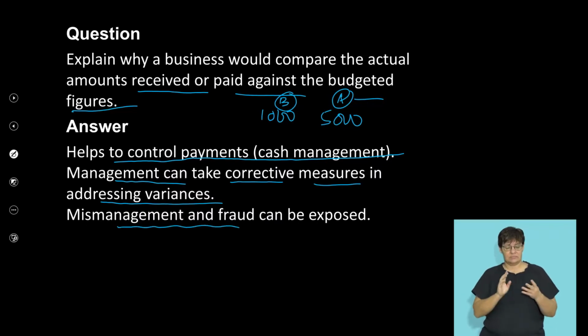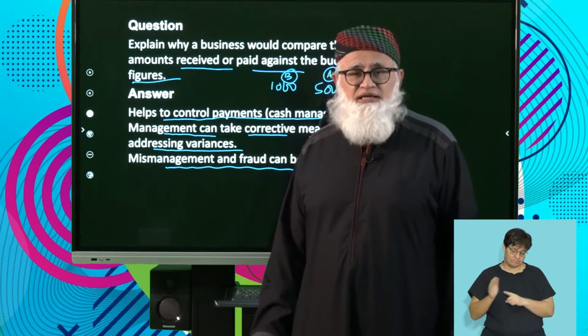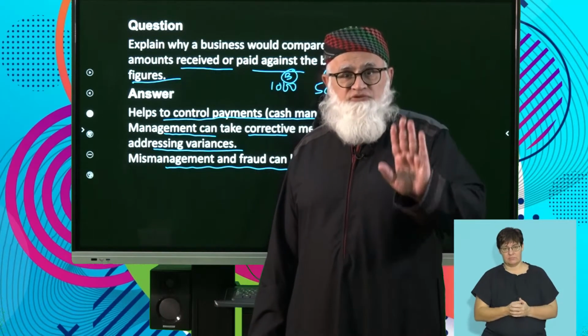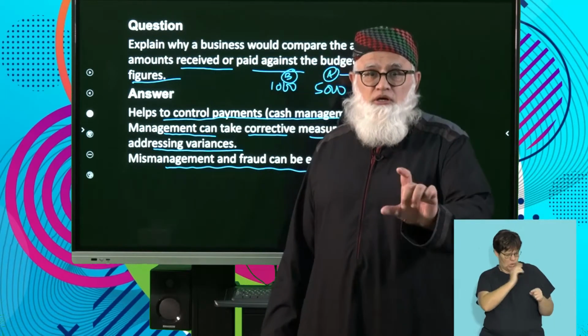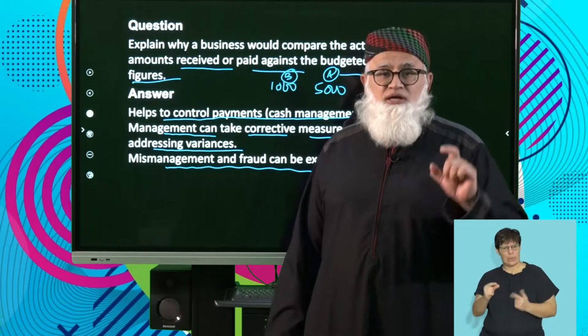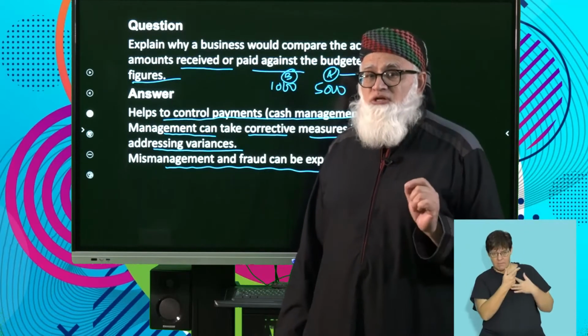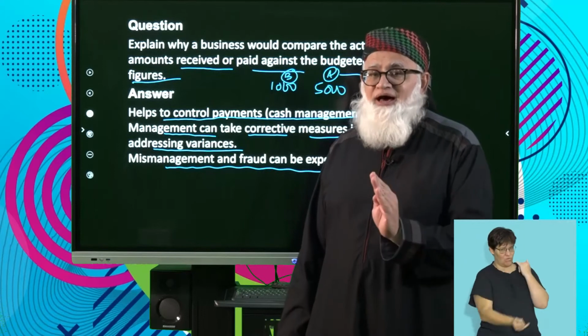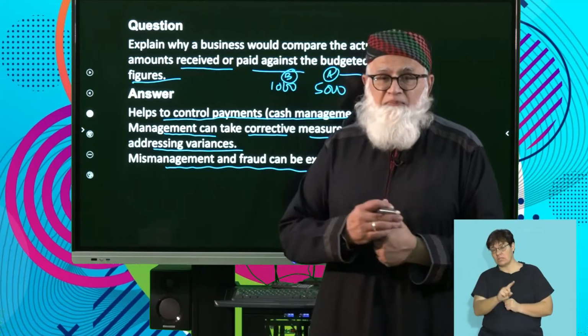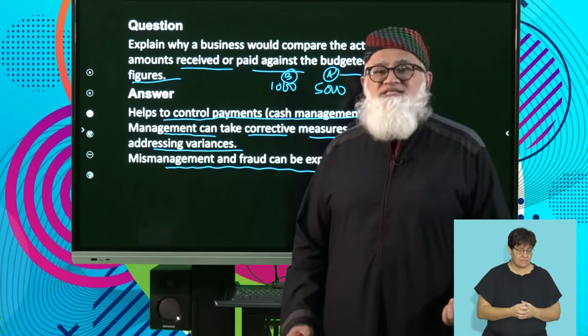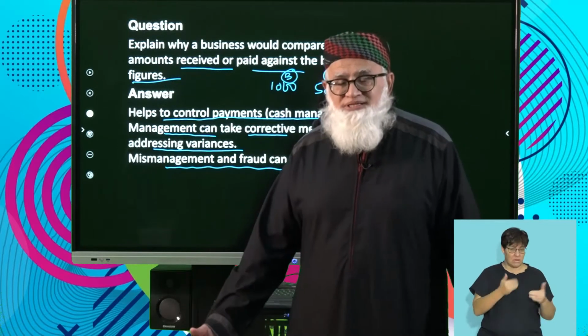Mismanagement and fraud can be exposed. Definitely. If you're looking at the variances which attract your attention, it gives you an indication that something is going awry. You need to look at, is there a possibility of fraud? Is there a possibility of mismanagement?